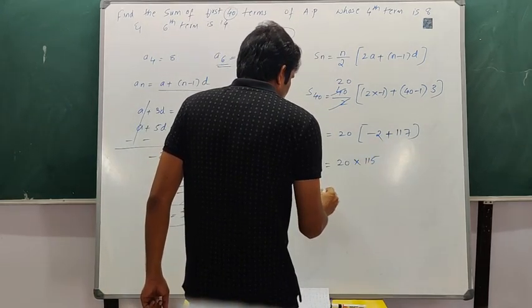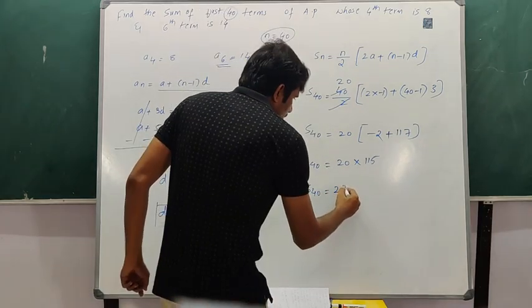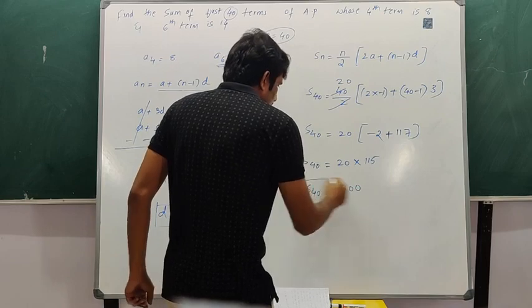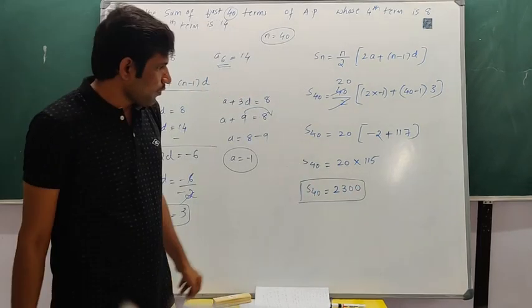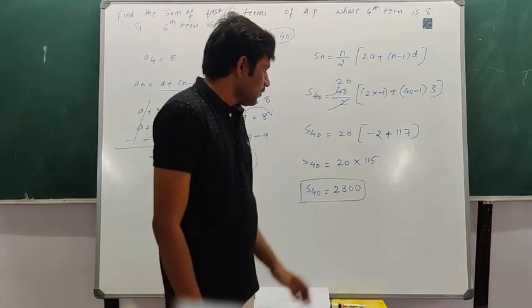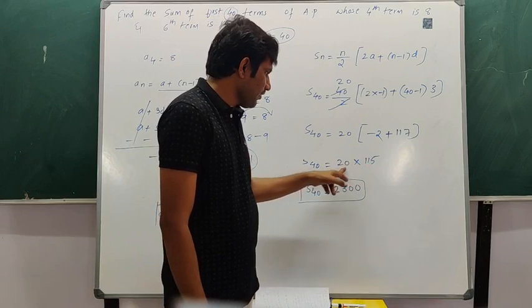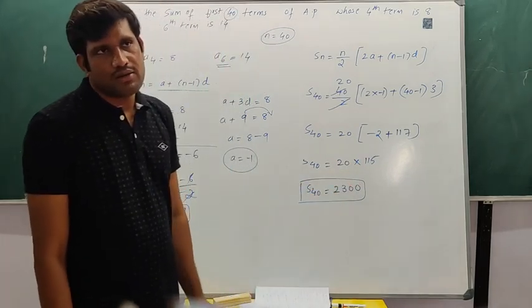So S40 is 115 into 20. 115 into 2 is 230, so that is 2300. So the sum of the first 40 terms of the given AP is 2300.